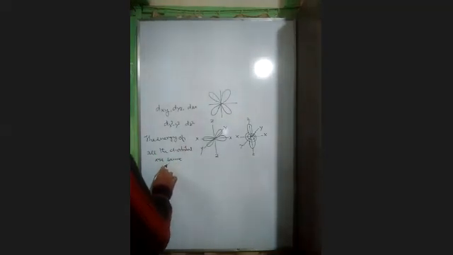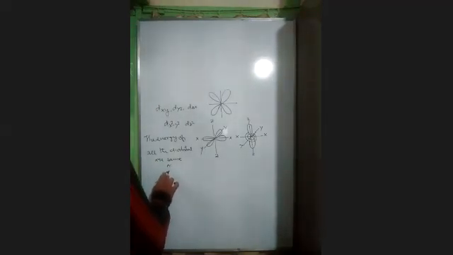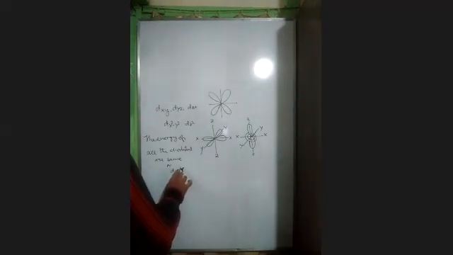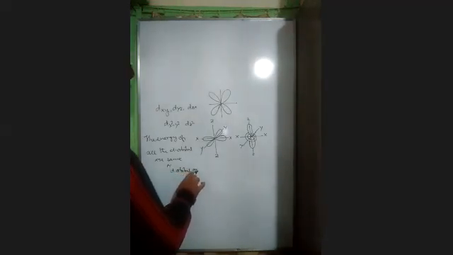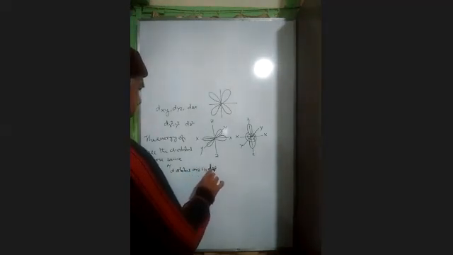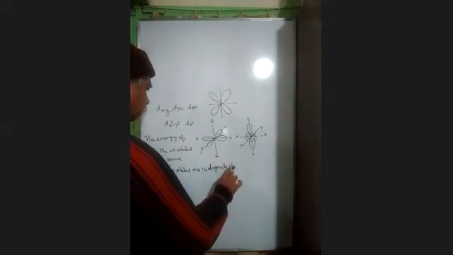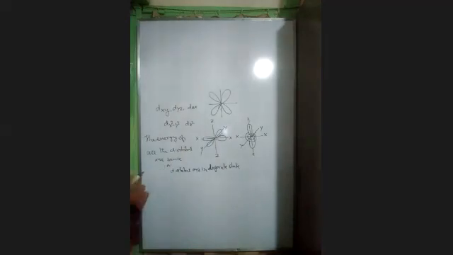Or what we will say in spectroscopic language, we call it that the d orbitals are in a degenerate state. Degenerate state. All right.